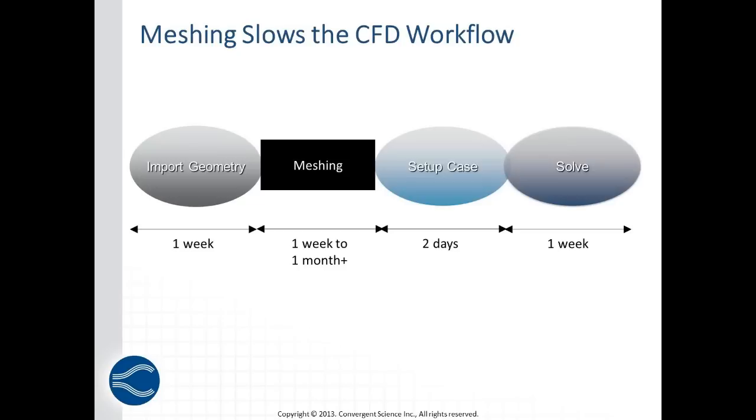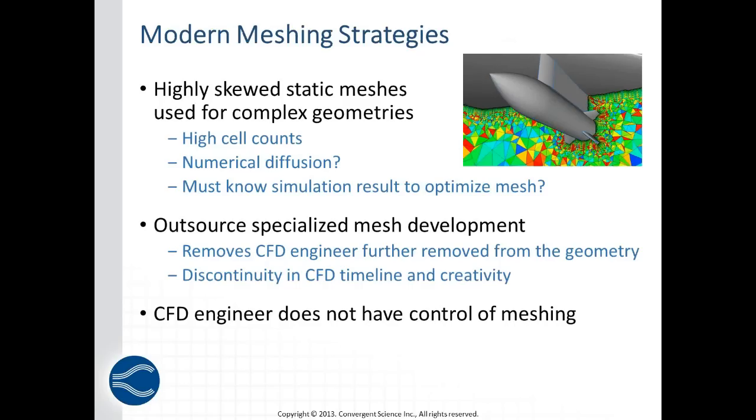So once again, if you look at that time frame, the meshing piece stands out as not only time-consuming, but also requiring specialized expertise. So that's an area where a lot of people are interested in focusing attention to improve. So let's talk through some of the modern meshing strategies that we've seen for other approaches in traditional CFD.